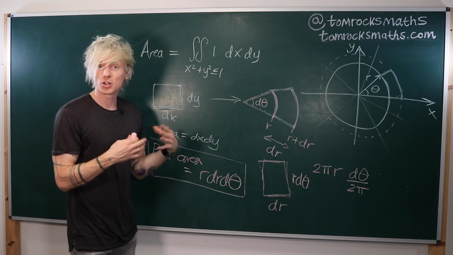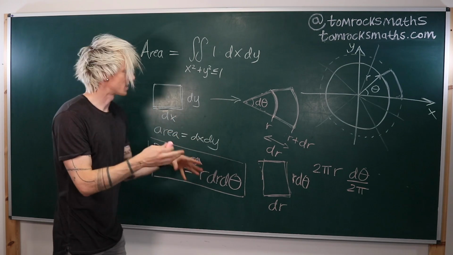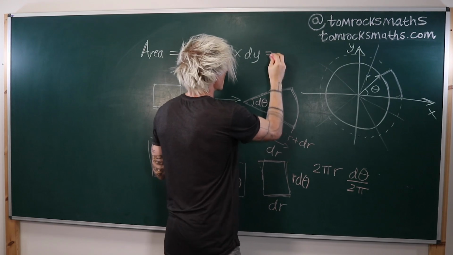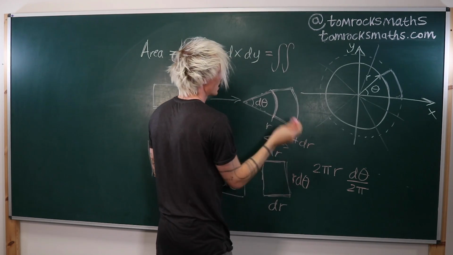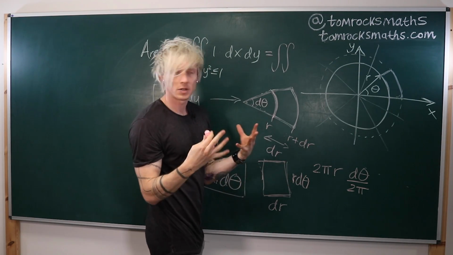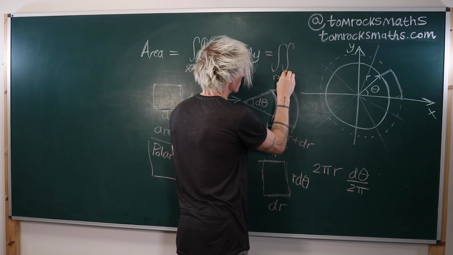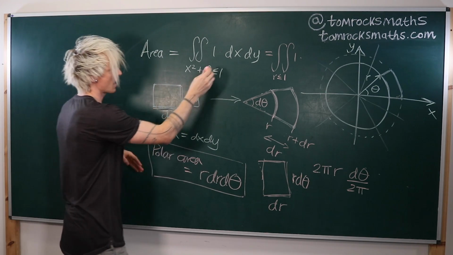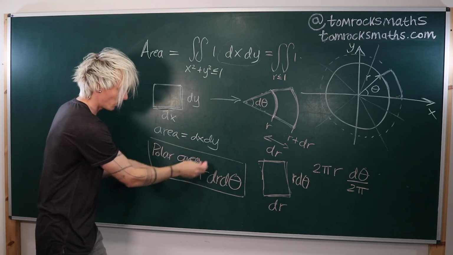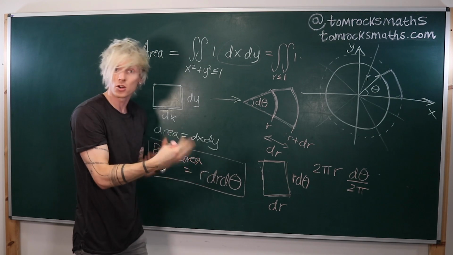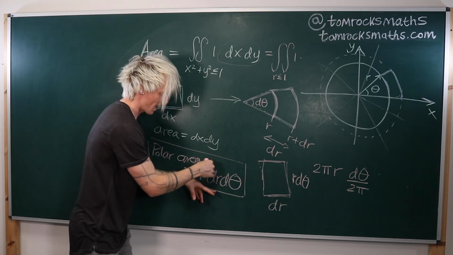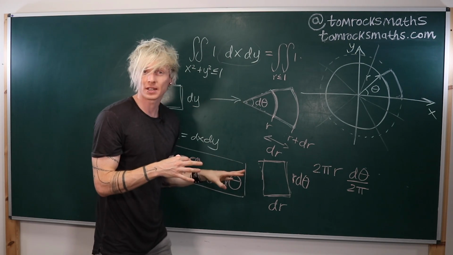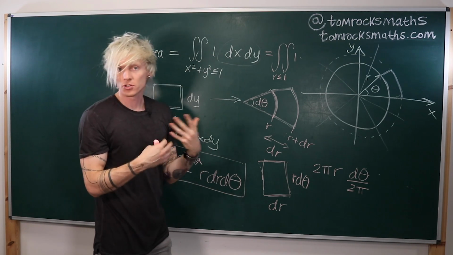This is our Jacobian, because what we figured out is when changing from x and y variables, we can just say this is equal to the integral over the unit circle, so over r less than or equal to 1. The number 1 doesn't change, and we've now figured out that dx dy transforms to dr d theta, our new variables, and we have this stretch factor given by r. And here we figured it out geometrically to give us the Jacobian.